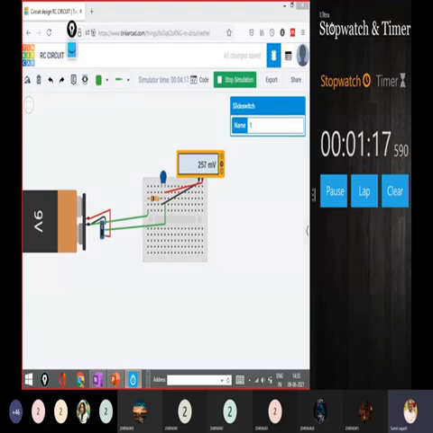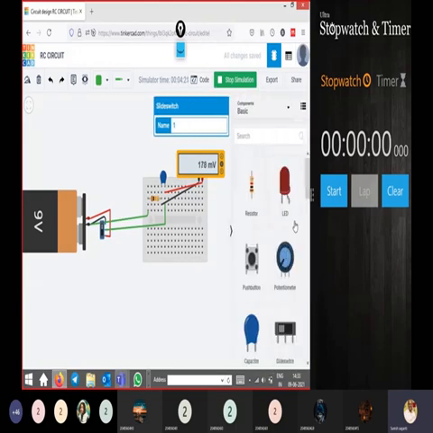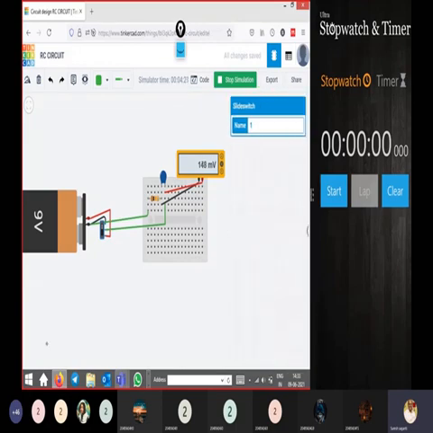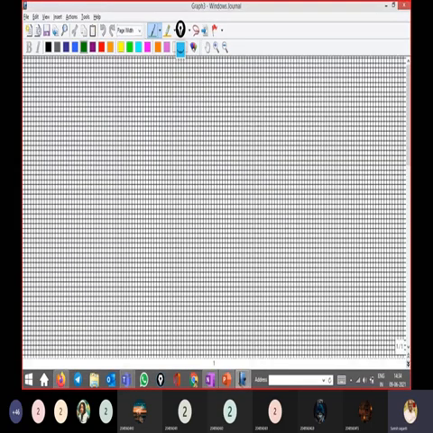So now we have taken the readings for charging and discharging. Am I right? So this simple experiment is over now. Let us start our graphing from here. This is the origin.